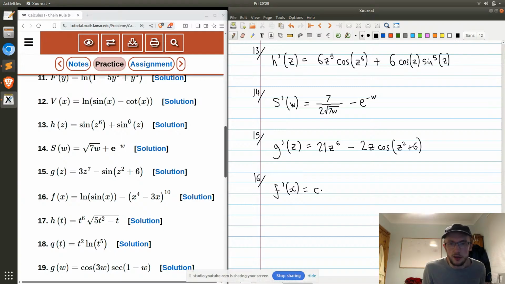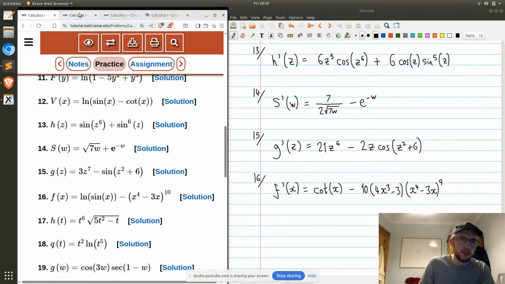So f prime of x is cot x minus, differentiate the inside one while you're here, 4x cubed minus 3, x to the 4 minus 3x to the 9, but you forgot the 10. Just there like that. And that should be good, but we must check.